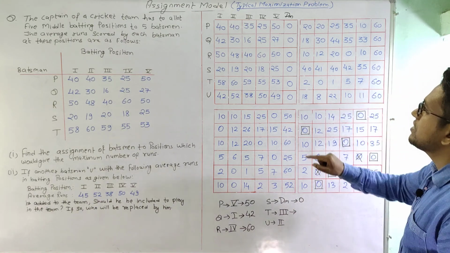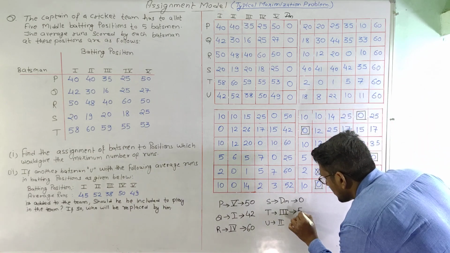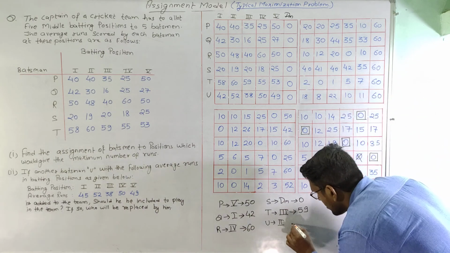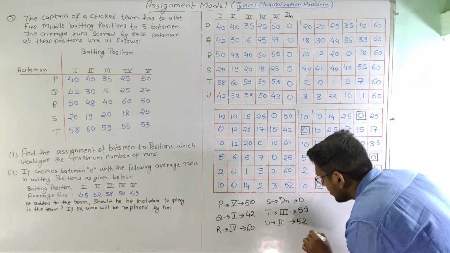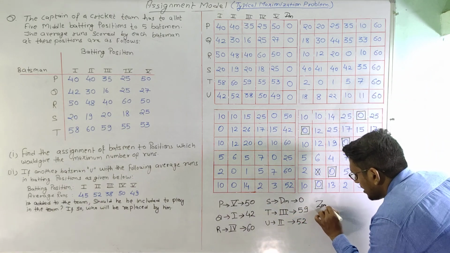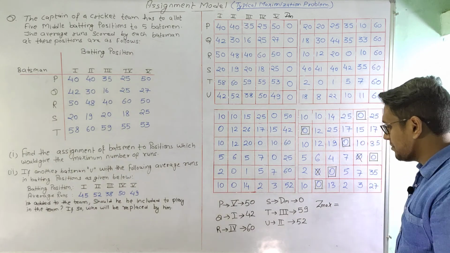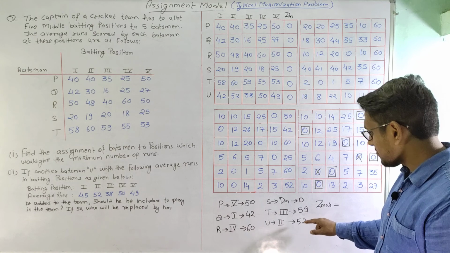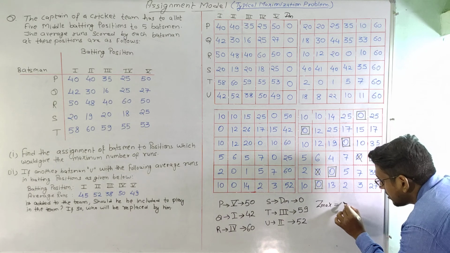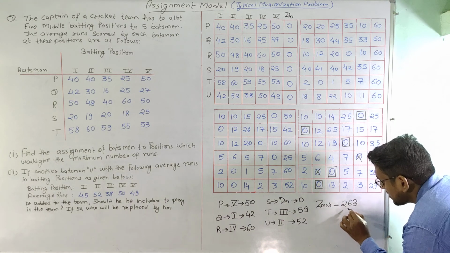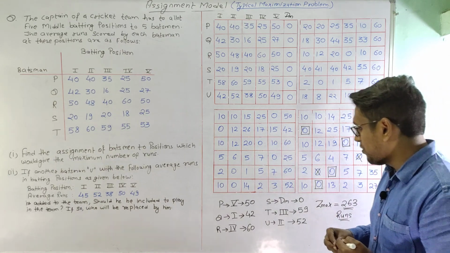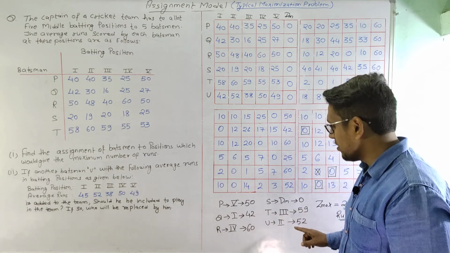Similarly T3 is 59, and U is 52, and by adding up all these values we will have the value of Z maximum, that means the maximum runs that can be scored. So we can see this will come as 263. So 263 runs can be scored by following this batting order.